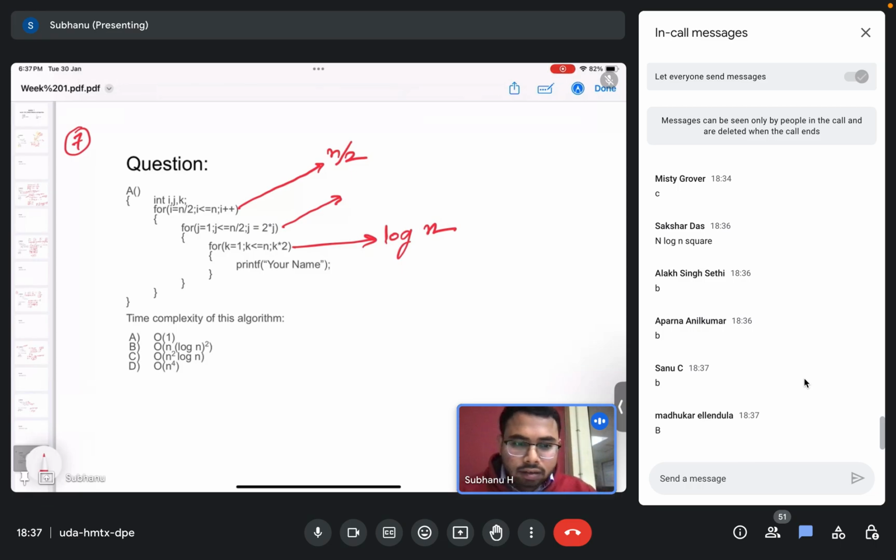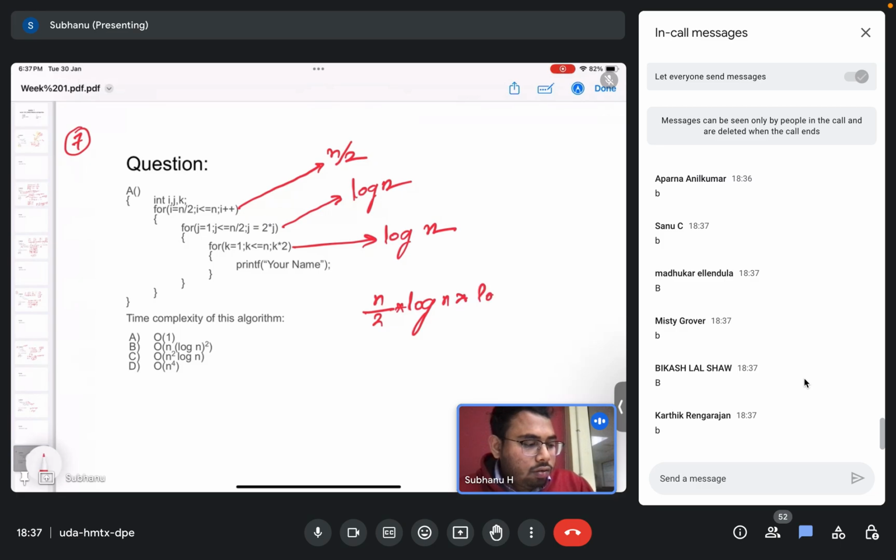Yeah, I think 5 of them have given some answers. Let us check that. Yeah, so this will also run for log n times. So the correct answer is basically log n into log n, that is n into log n square. Okay, so this is basically the correct answer.